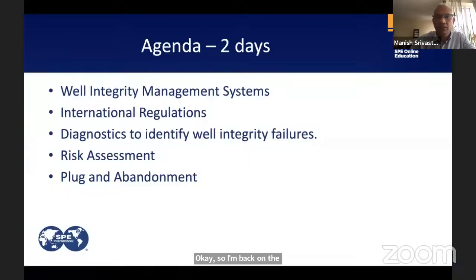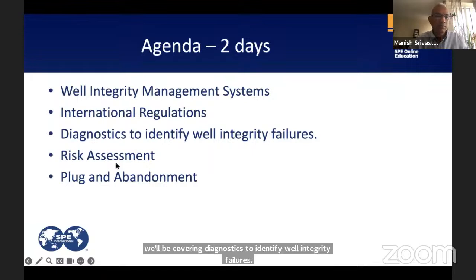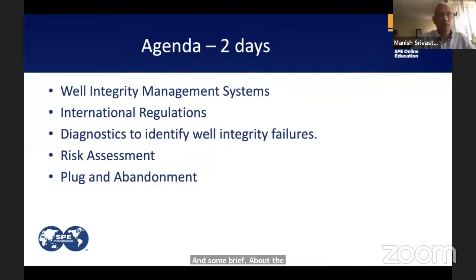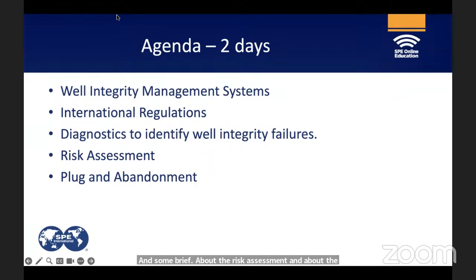presentation slide. We covered the first two points. Today we'll be covering diagnostics to identify well integrity failures, then some brief about risk assessment and about plug and abandonment. There are several levels of competence for each of the courses, starting with awareness, second level is knowledge, then skill level, and then mastery.